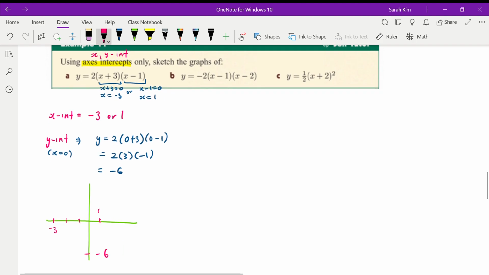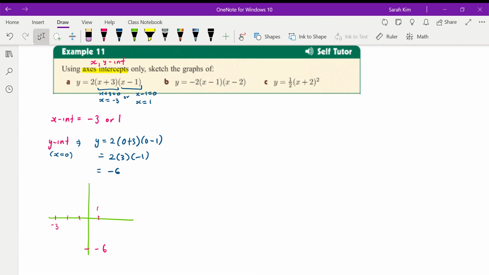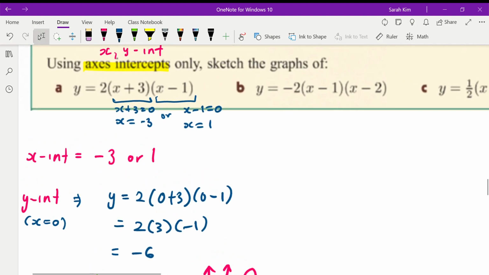And I need to also know if it's going to be a concave up or a concave down graph. In order to do that, this is how you would do it. I need to figure out the coefficient of x squared by expanding all of these factors. So what number is in front of the x squared? If I times this one and this one, what number would it be?